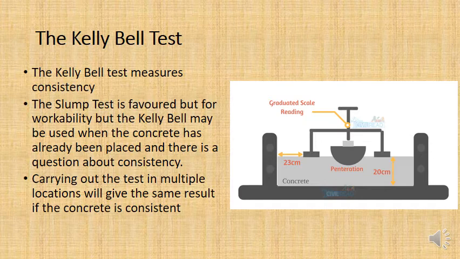If there's variation in the penetration, that's a clear sign that actually the concrete hasn't been mixed well enough. So that's another advantage of the Kelly-Bell test. But as I said, for the most part in industry, we use the slump test. But there are a couple of advantages for the Kelly-Bell test. Sometimes we will use that.